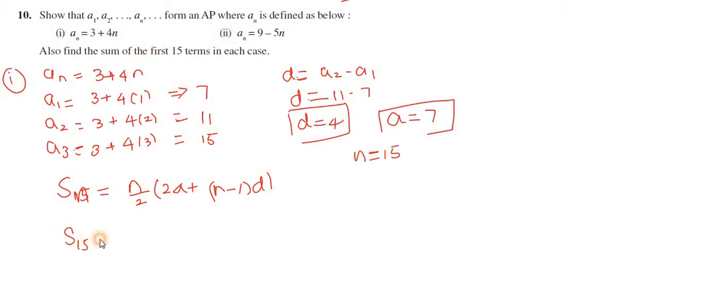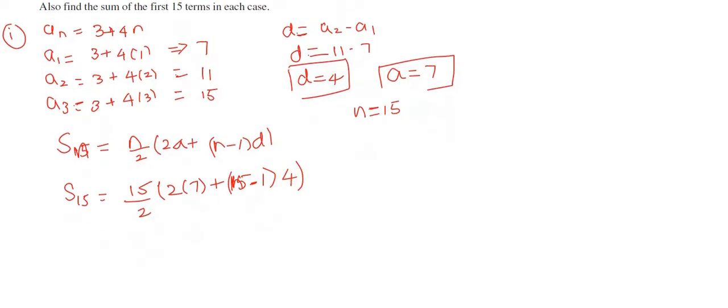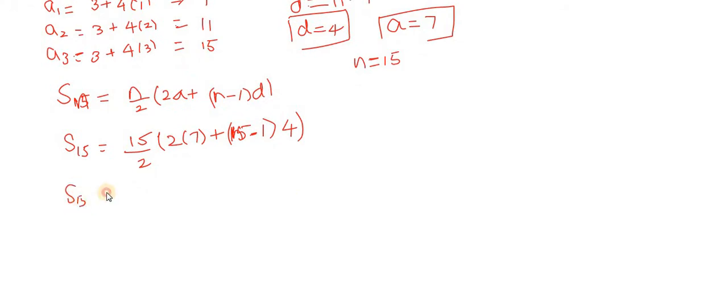So therefore S15 is equals to 15 by 2 into 2 into A, A value is 7, plus n minus 1 into D, n is 15, that is 15 minus 1 into D, D value is 4. So then S15 is equals to 15 by 2, 7.5 we will get, into 14 plus, here also we get 14 times 4.